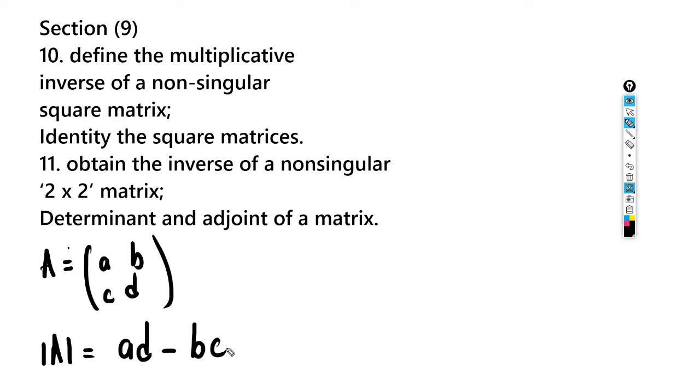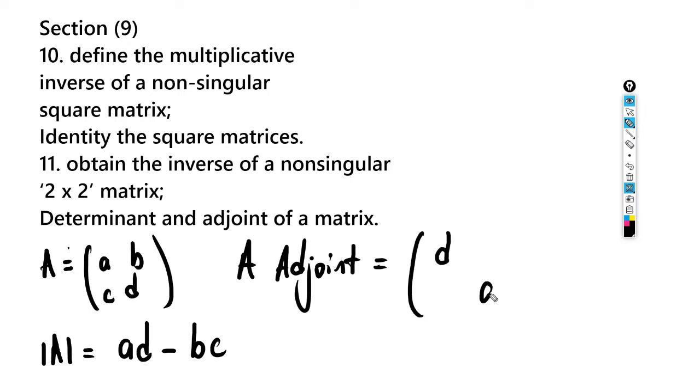Also, for the same matrix A, the adjoint matrix, let's call it A adjoint, is equal to, you switch the main diagonal, so it's D, A, and you put a negative sign on the other diagonal, which is negative B and negative C. Cool, not too bad.